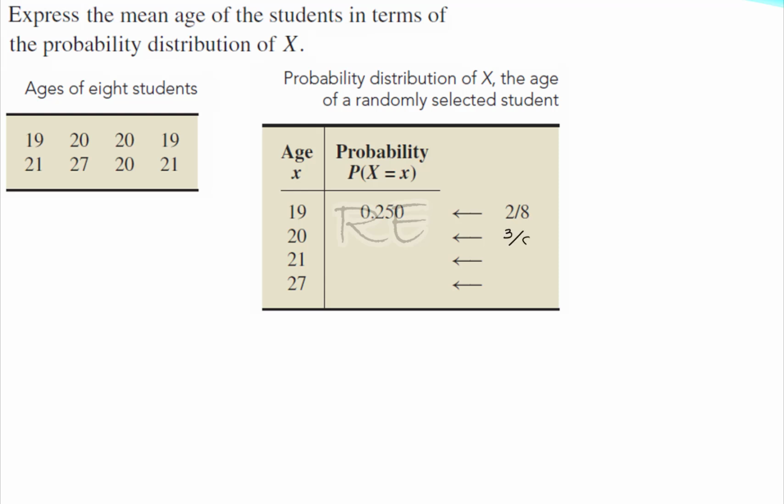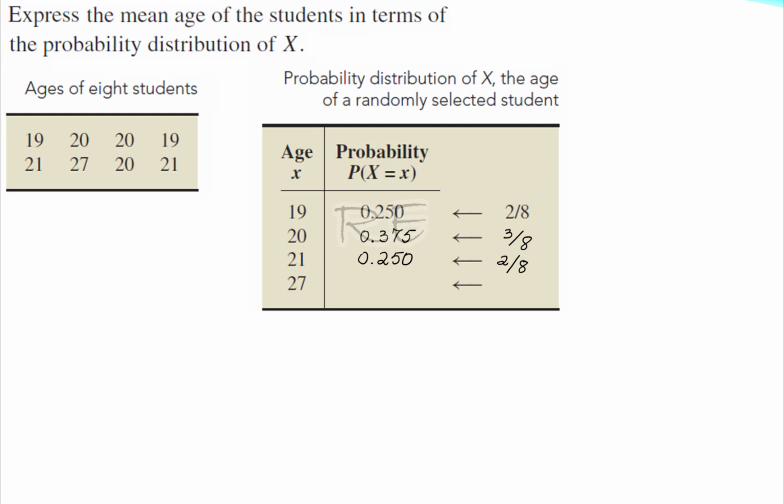Let's complete the table. We have 3 20s, therefore the probability of 20 is 3 over 8, or 0.375. We have 2 21s. The probability of 21 is 2 over 8, or 0.250.